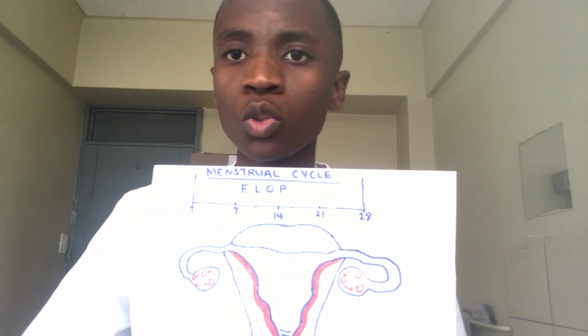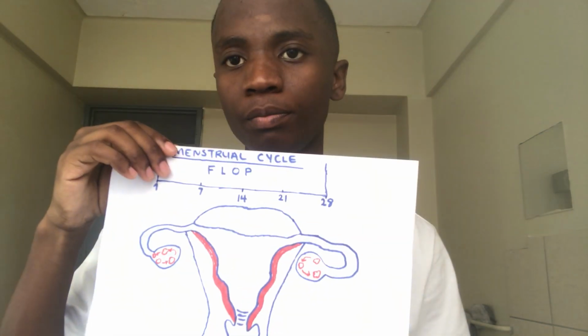So you know that the progesterone does the same work as the estrogen, meaning that, as I told you, making it more vascular, more glandular, and more strength, like to be more stronger, right? The endometrium wall. So after day 21, which is around day 22, until the last day, which is 28, what happens?